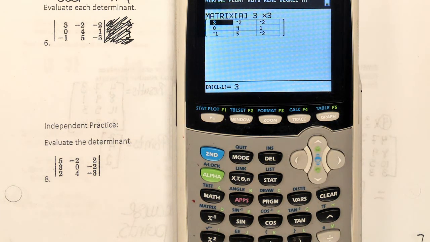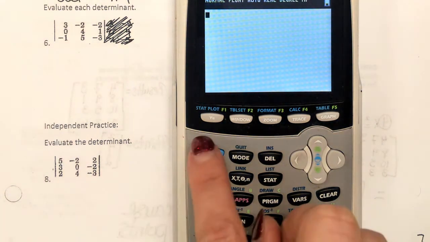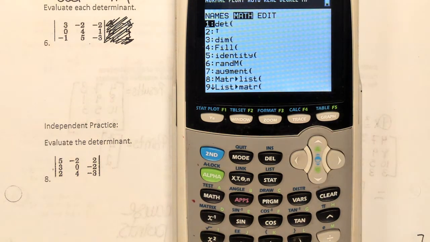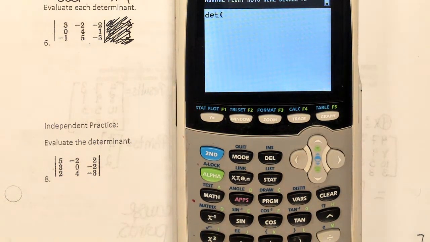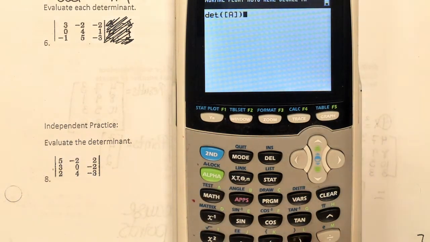They're on Google Classroom. Yep. All right, so then you hit second quit to get out of edit mode. You go back to matrix, over to math, enter on determinant, and then tell your calculator to find the determinant of that matrix.